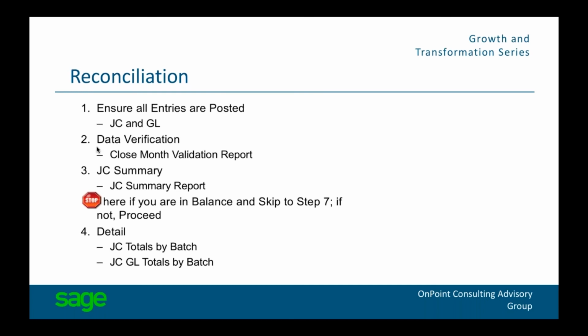For data verification, there is a close month validation report. What that does is compare the master file, which is the static data, and its buckets to the transaction file.